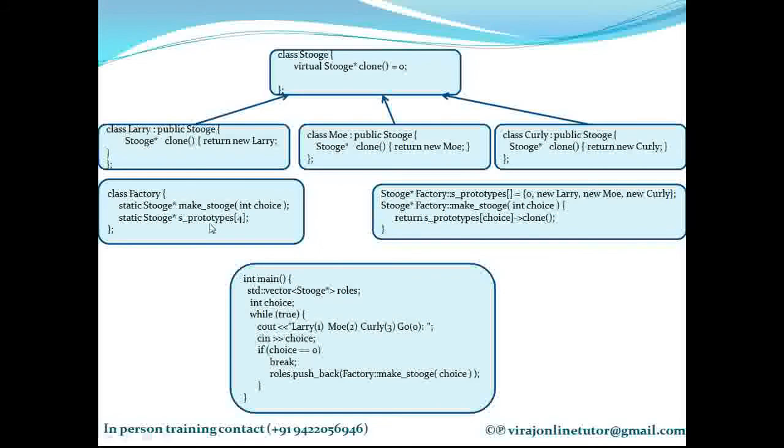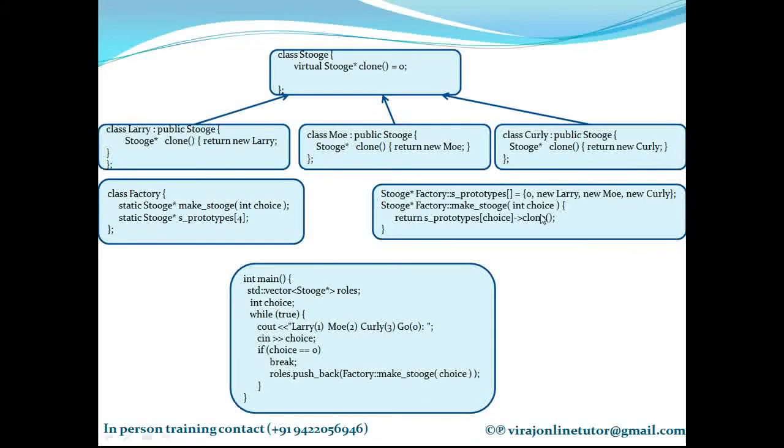First I have an array here. Let's see the contents of this array. The prototypes array has at index 0 a new Larry object, at index 1 a Mo object, at index 2 a Curly object. So I create a Larry object, a Mo object, a Curly object, and those objects are saved into this array.